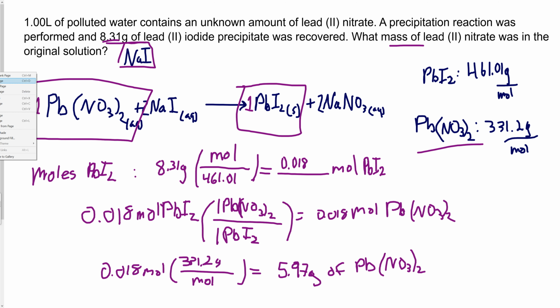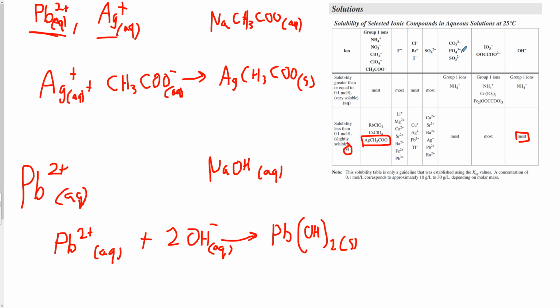Let's do one more, and then let's do one where the coefficients are not going to be the same. Let me just check my sol chart. Sure, let's do iron 2 chloride.